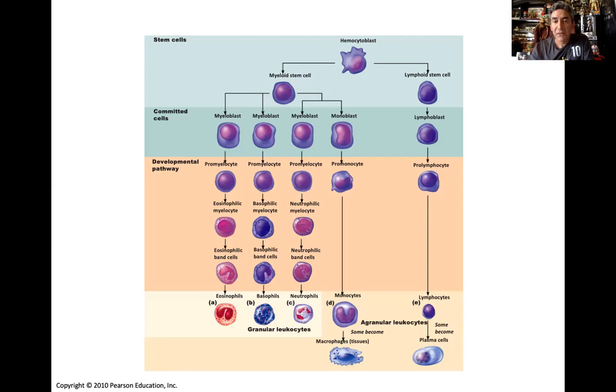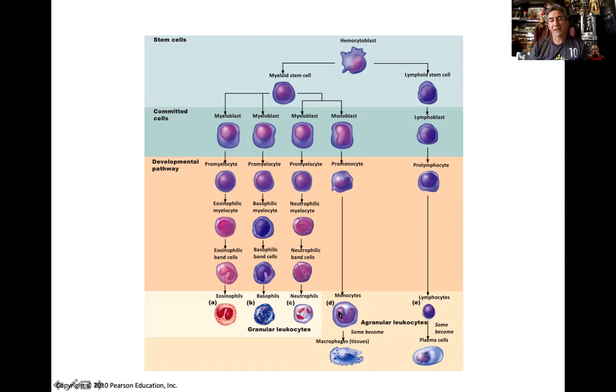So we see a very early kind of very different branch off here. So we go from a hemocytoblast to this trajectory then that gives us lymphocytes. If we go this way, we have the myeloid cells that differentiate in different ways along different sort of pathways to produce then the eosinophils, basophils, neutrophils, and monocytes.